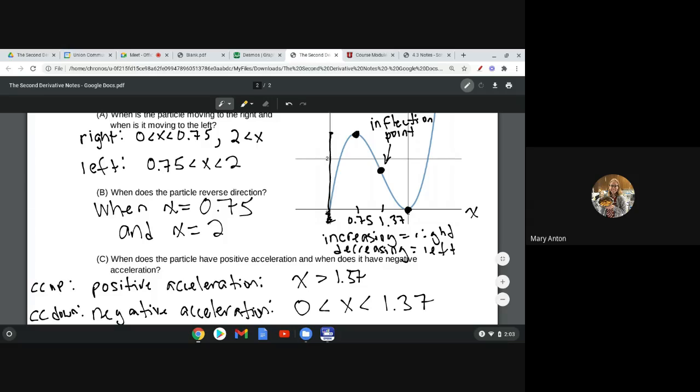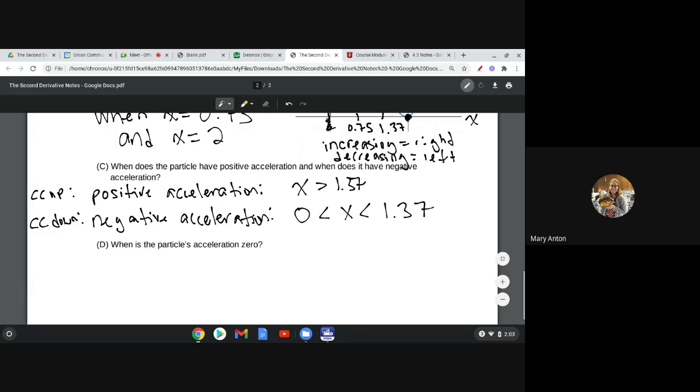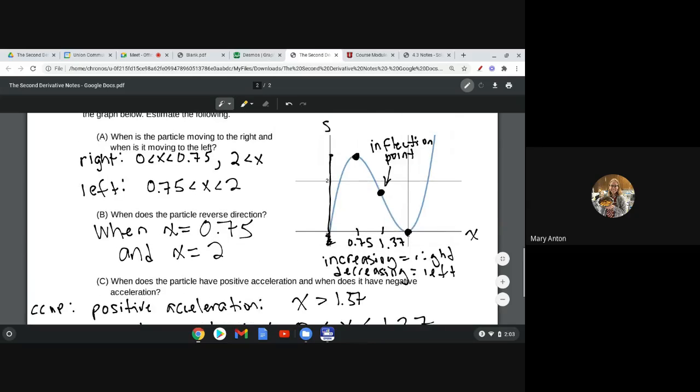Okay. The last question is, when is the acceleration 0, correct? Would it be at 0.75 and 2? Why? Because that's when it's like changing direction. So then at that point, you're like stopped.